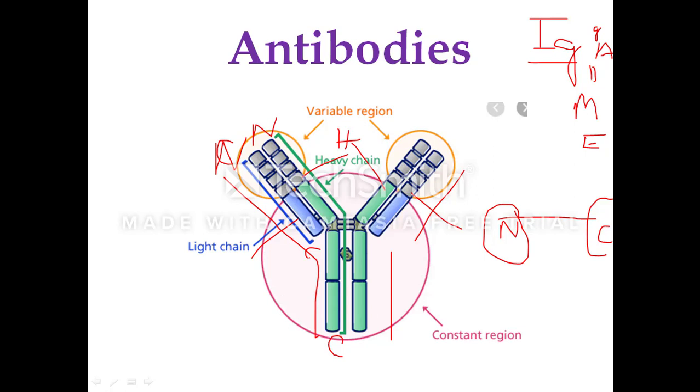The amino terminal regions are called the variable region. Around 110 amino acid residues make up the variable region, and the remaining region is considered the constant region, the C-terminal region of the immunoglobulin. The binding of the antigen to the antibody takes place in the variable region.